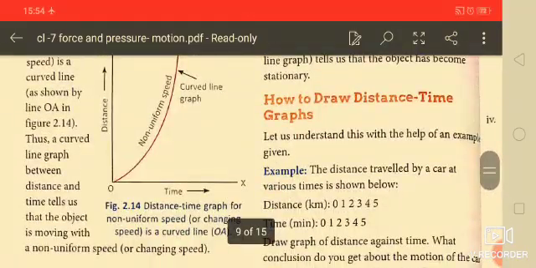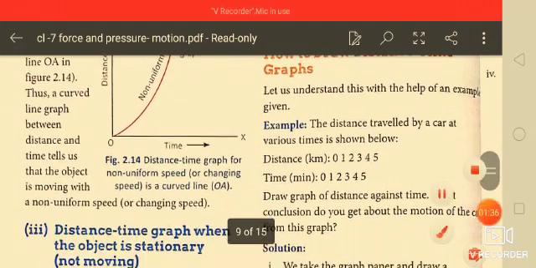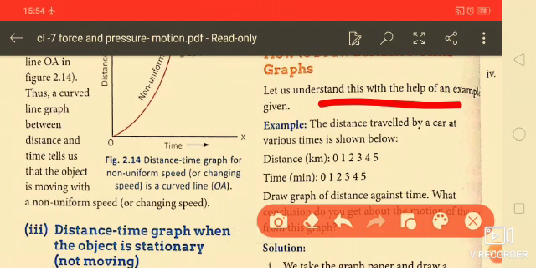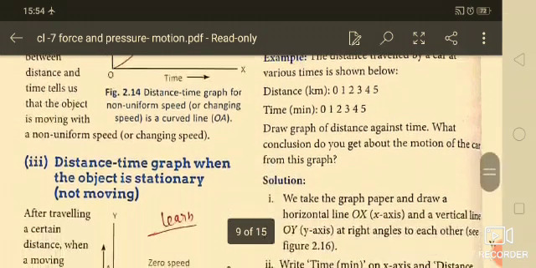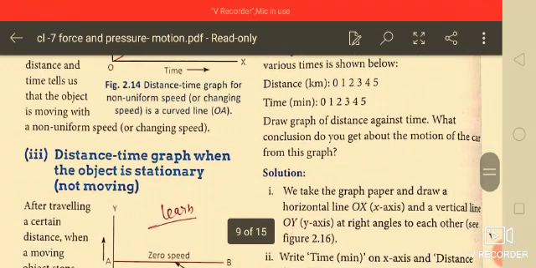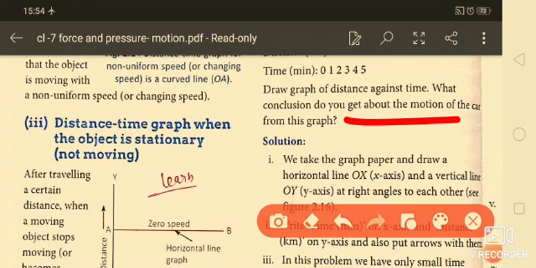Now, how to draw a distance time graph? Students, understand with the help of an example. The distance is written in kilometers, 0 to 5, and the time is 0 to 5 minutes. Whenever you draw the distance time graph, what conclusion do you get about the motion of the car which is moving?